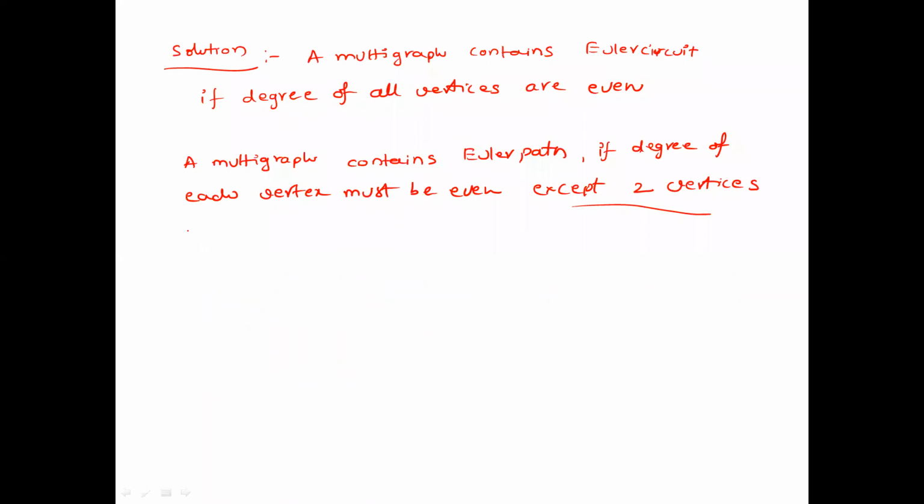In this case, please make a note: except for two vertices, the vertices with odd degree become the endpoints.